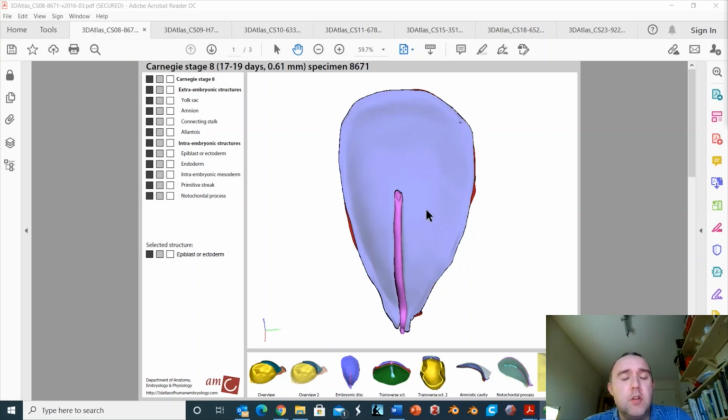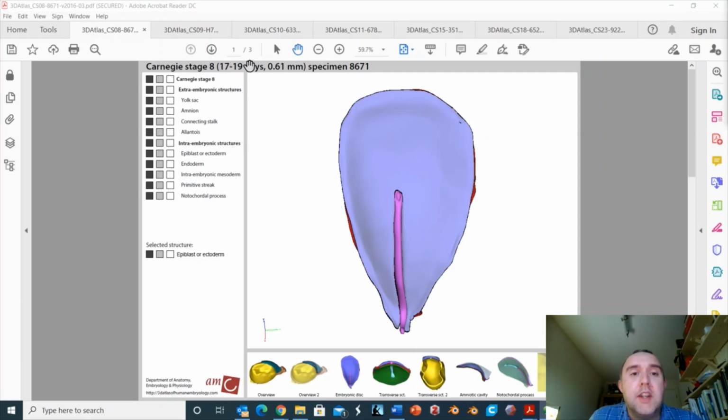So we're going to go straight through a number of different stages of development and try and correlate that with some disease states that might occur as a result of disordered development. Just for your reference, when we're looking at the screen, there is a standardized staging system called the Carnegie Stage.